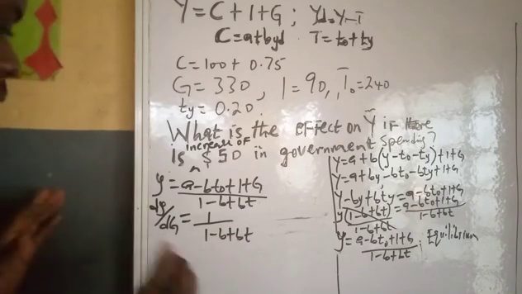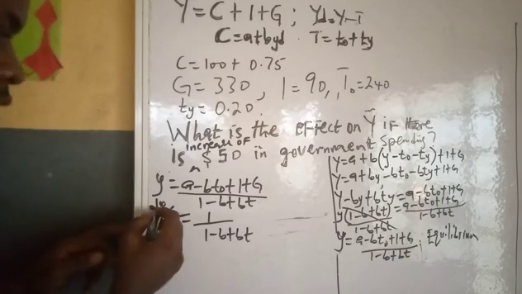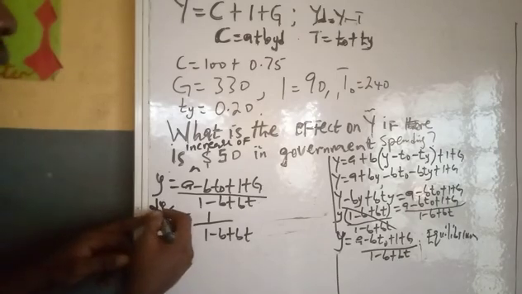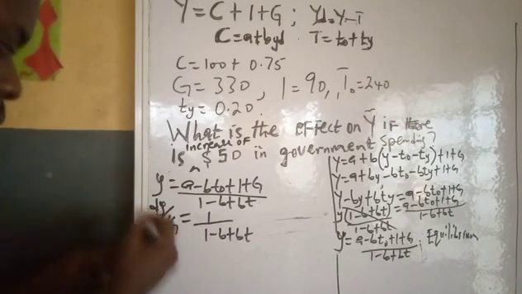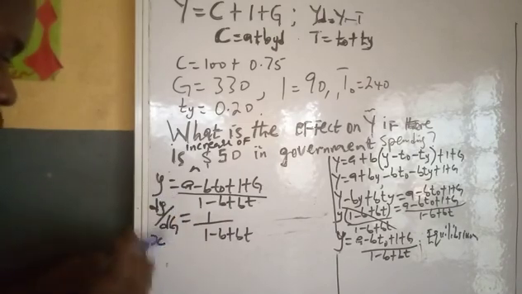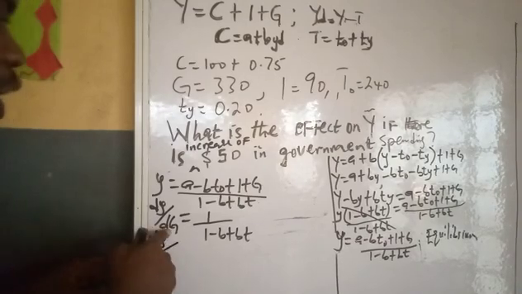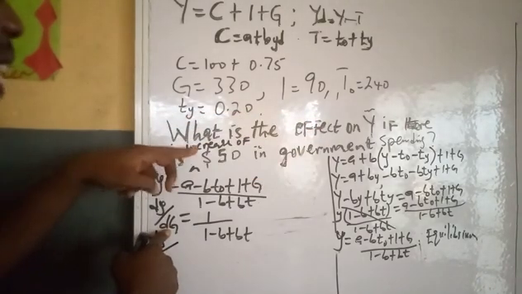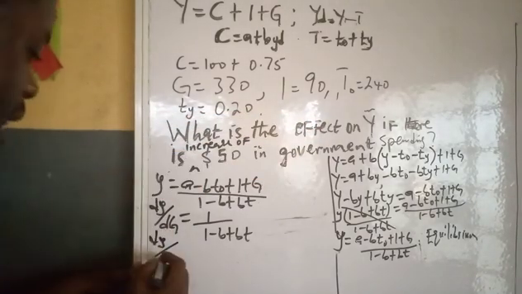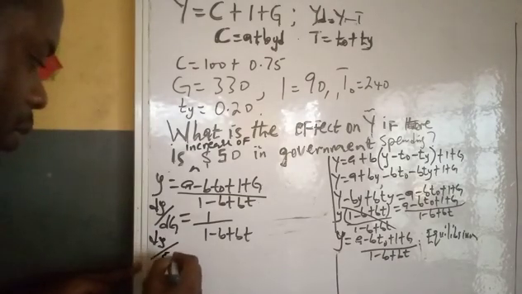You know, this is change in income over change in government spending. The change in income is not given, so we say it's X. Change in government spending is given. That is, what is the effect on income if there is an increase of $50? So the change in government spending is 50.